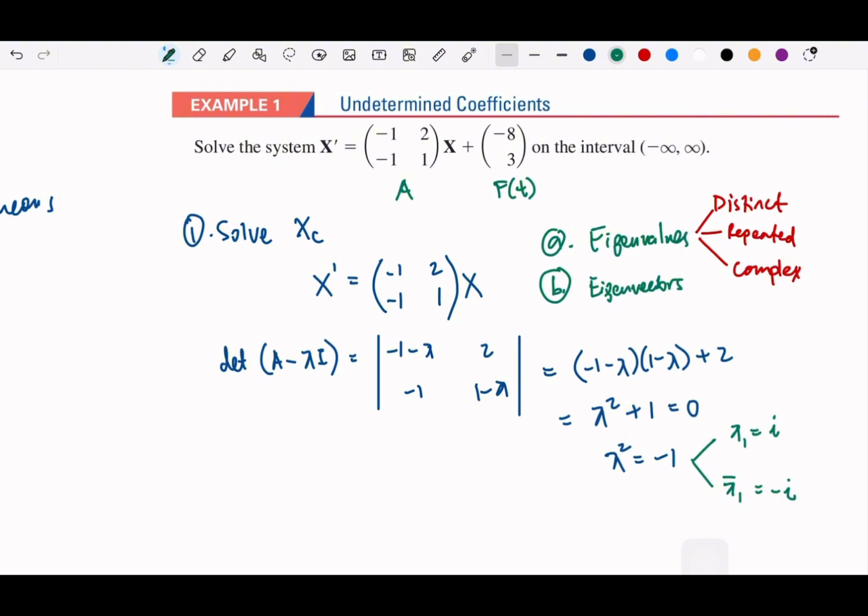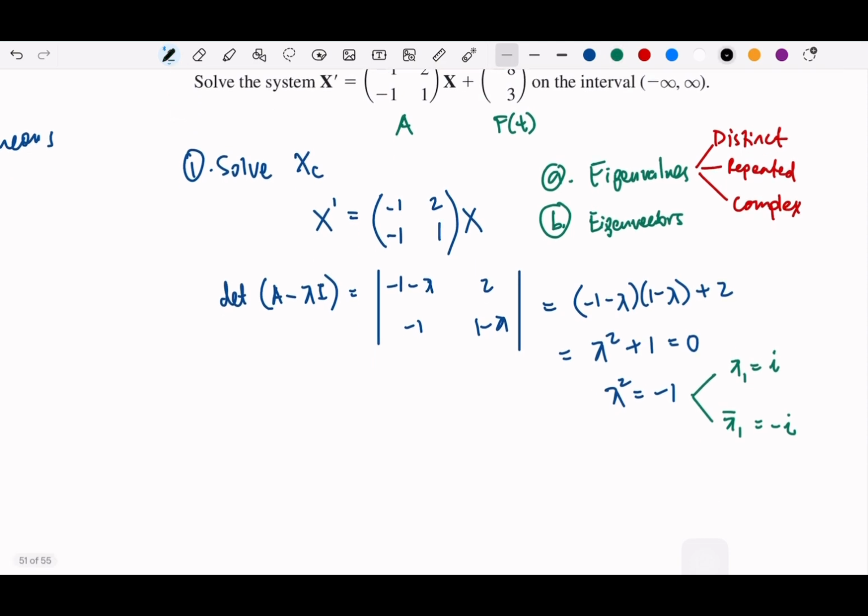And by the procedures that we have in the previous sections, when we have the complex eigenvalue, use the complex eigenvalue template.